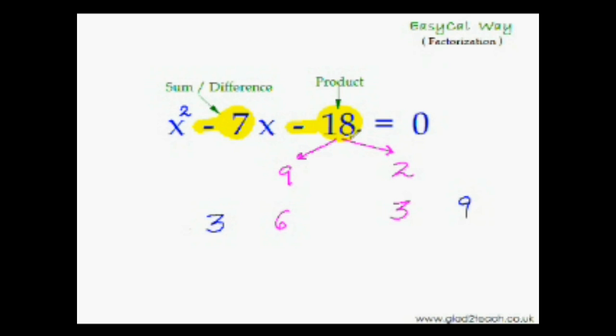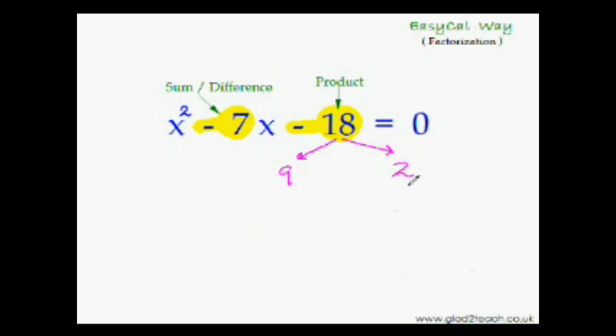What about the other factors of 18? 18 times 1 is 18, but the sum of 18 and 1 is 19, but we want 7 and the difference of 18 and 1 is 17. Still wrong. So that means only 9 and 2 are the suitable factors. I think it's very clear now.